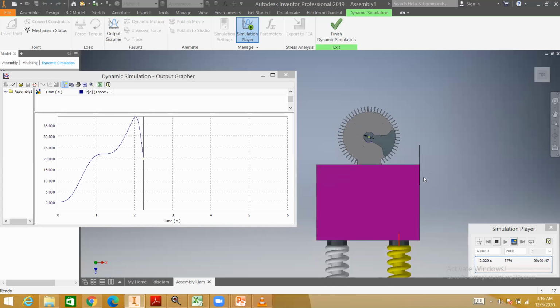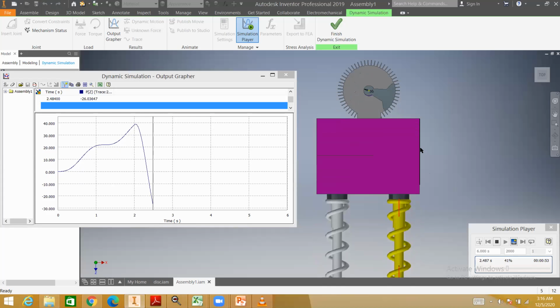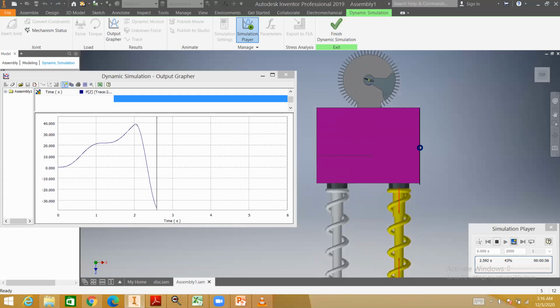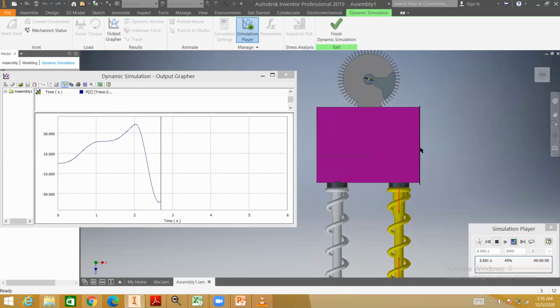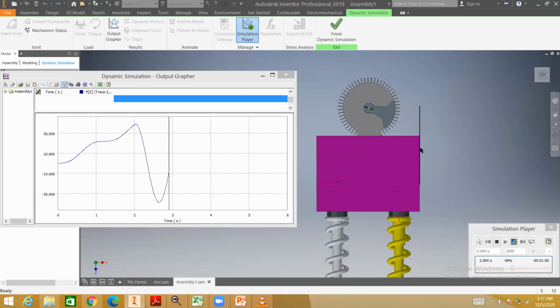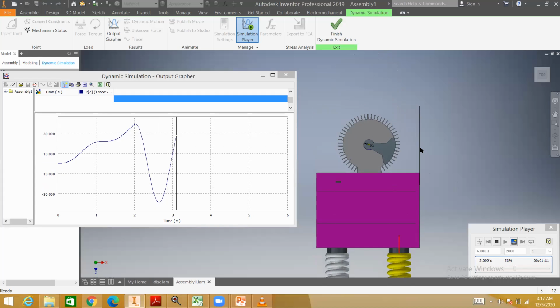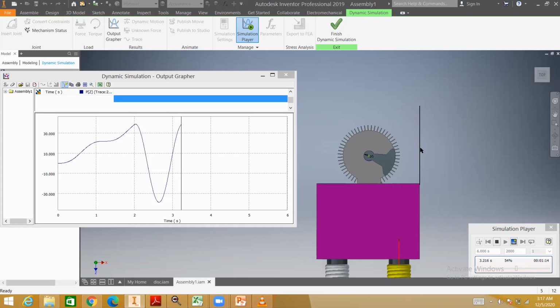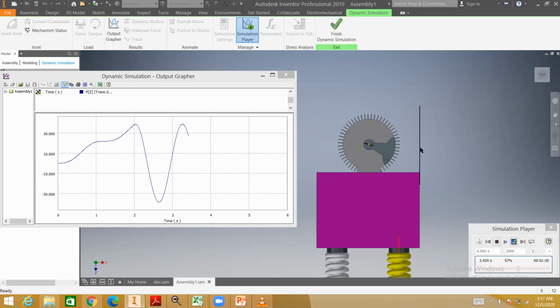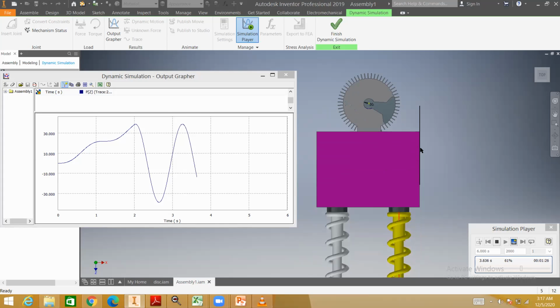Now the force is removed, so the system will start oscillating about this mean position. Is this oscillating system visible to you? Just give the reply. Okay.